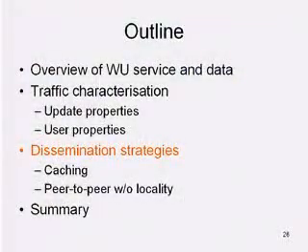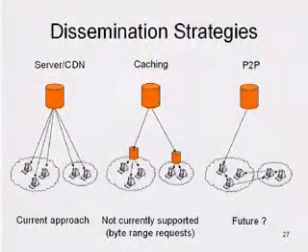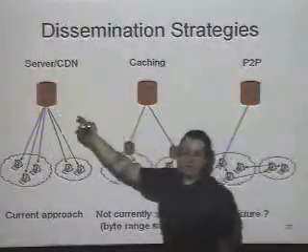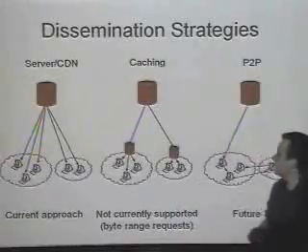That. Okay, so let me move on to the second part on dissemination strategies and their performance. The current approach is a central server, so we have a server farm of our own, and also rely on content distribution networks like Akamai and others.